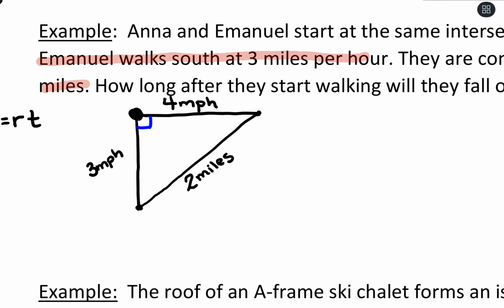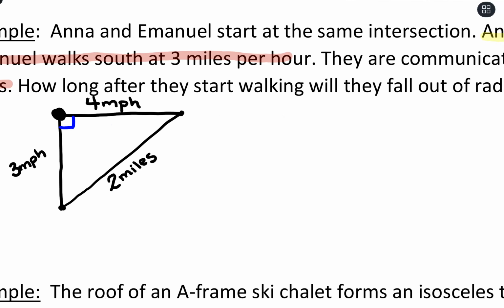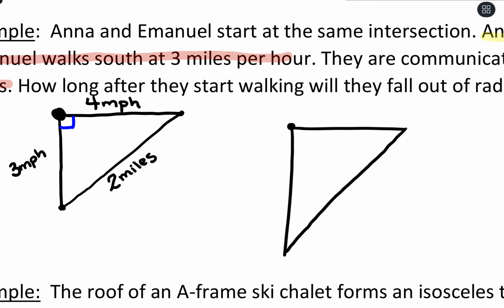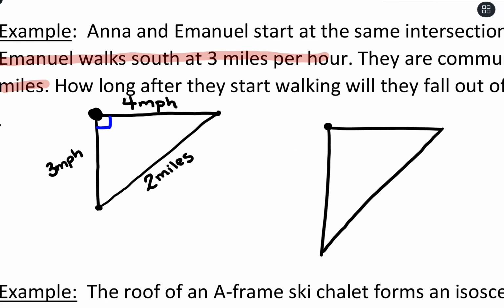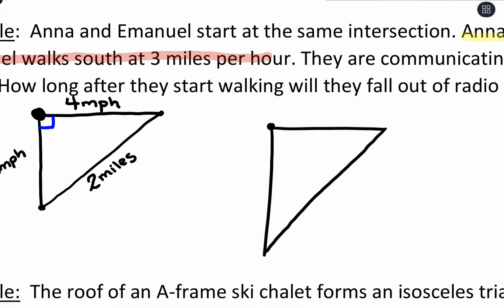And what I need to do is think about this picture, but all in the same units. So what I'm going to do is redraw this a bit. I need to put everything in terms of a rate or everything in terms of a distance, so let's go ahead and put everything in terms of a distance. So let's keep that as 2 miles.